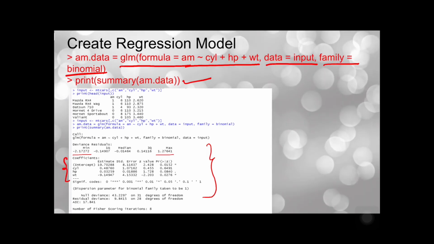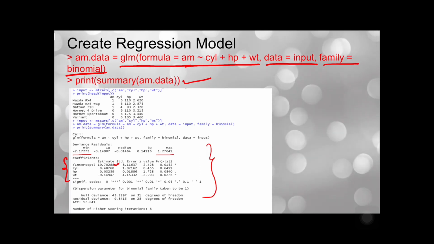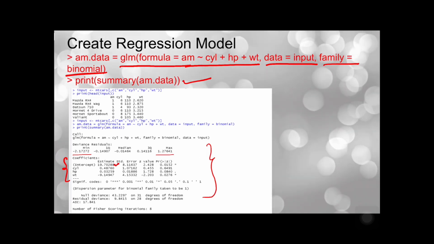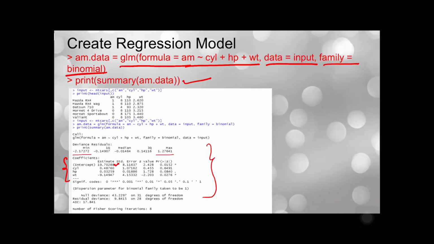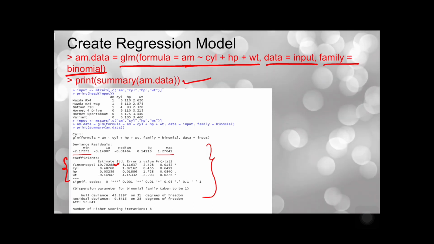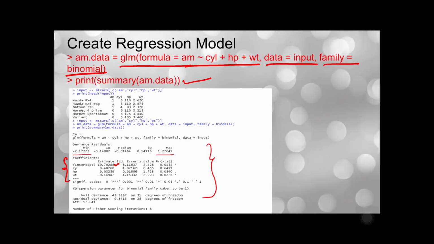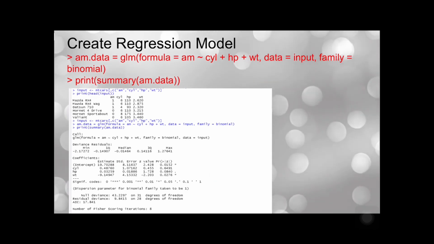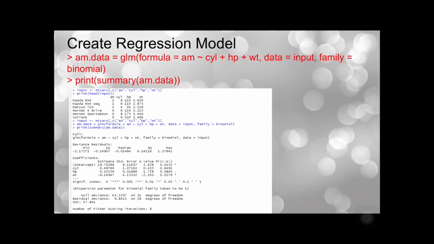The intercept value is 19.70, then the coefficient for the variable CYL is 0.4876, the coefficient for HP is 0.03259, and for weight it is minus 9.1494. So this is how we can easily create the regression model in R.